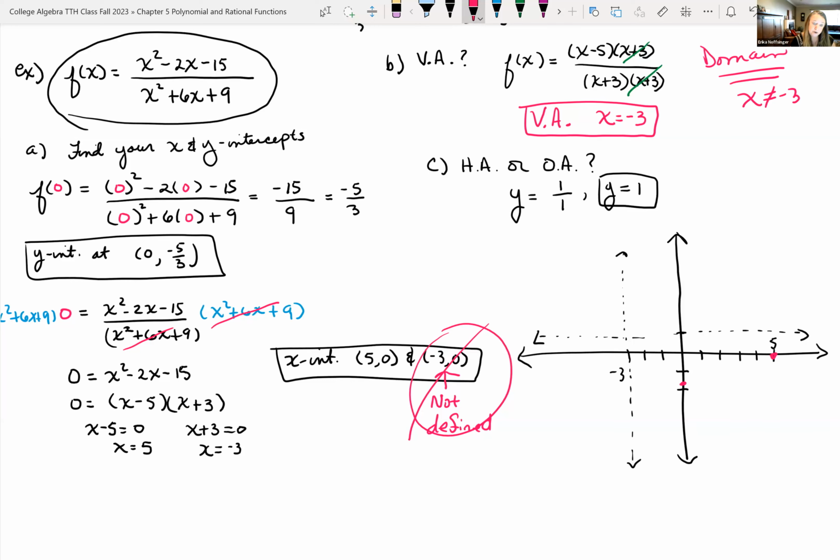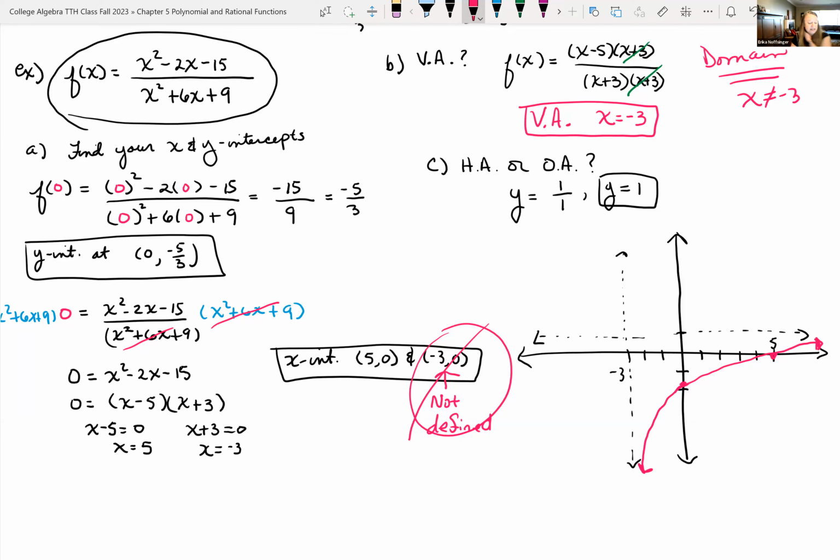So I have 2 points on the right-hand side of x equals -3. And so I know what my graph is going to look like on the right of x equals -3. So this is going to be increasing. It's going to cross the x-axis at 5 because we have an odd multiplicity of that x-intercept. And as I get closer and closer to x equals -3, this is going to be shooting down to -infinity.